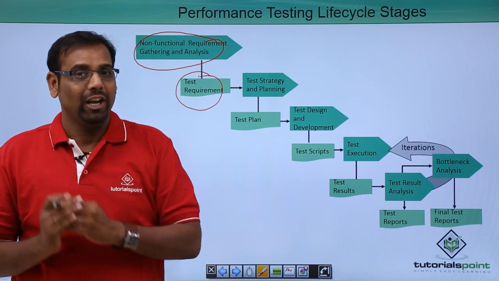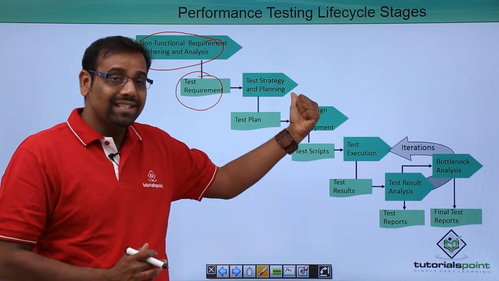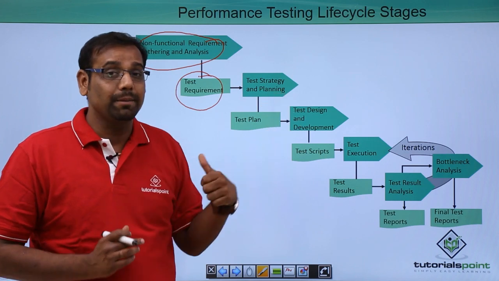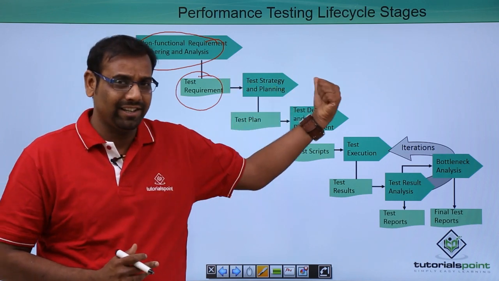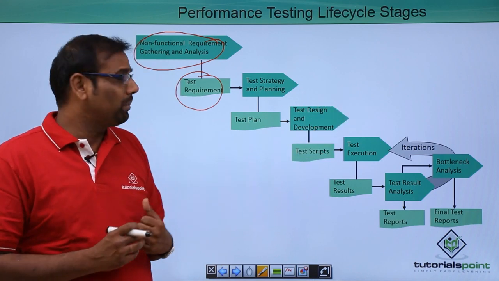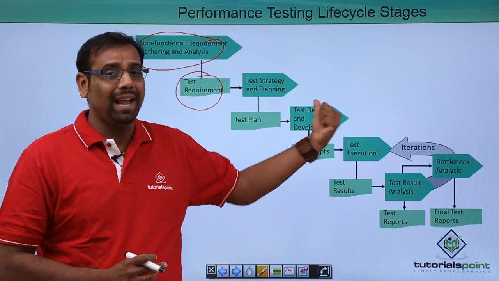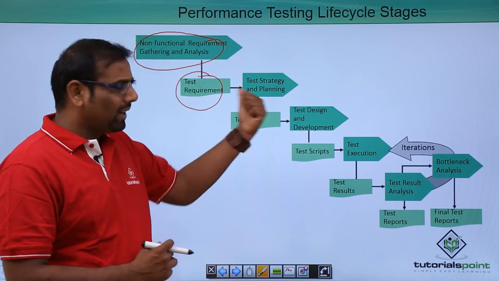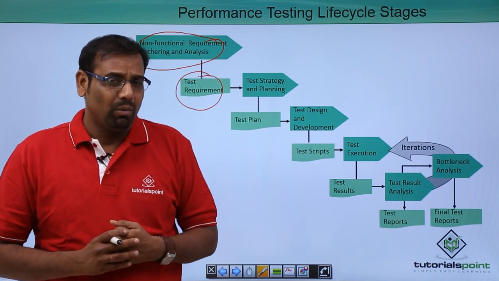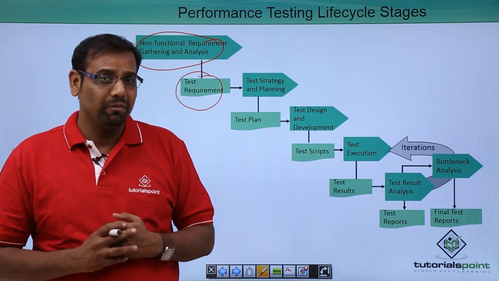Now the next stage will start, which is the test strategy or the test planning stage. Some people like to call this stage the test strategy stage. Some people like to call this the test planning stage or test planning phase. For this stage to start, what is the document that is important for us?